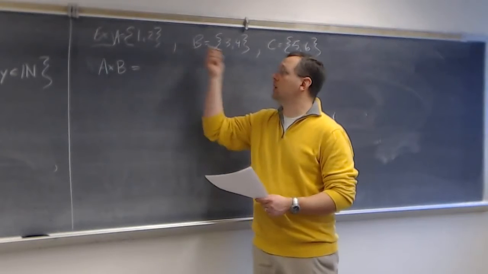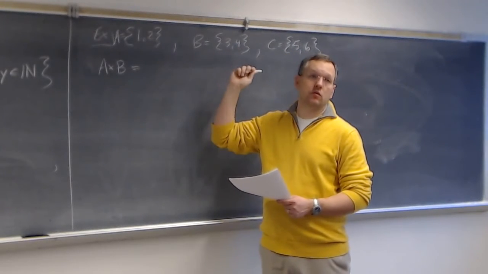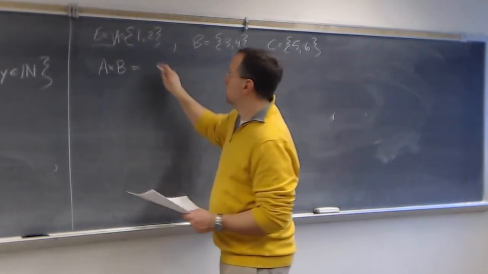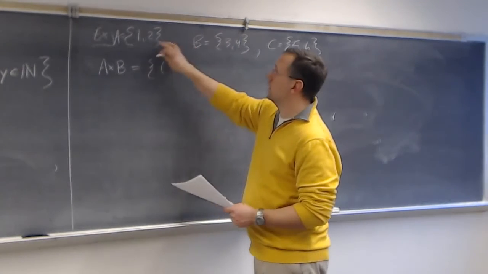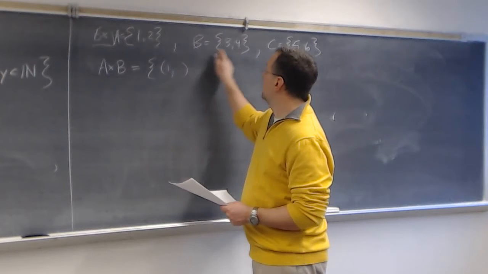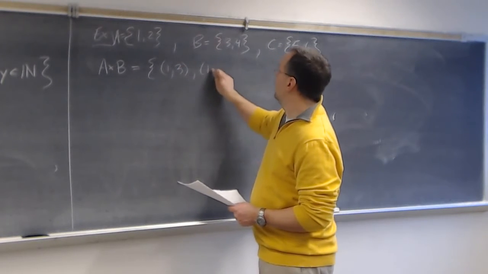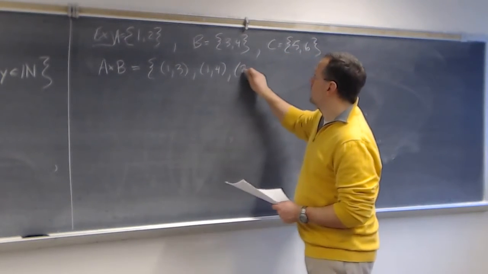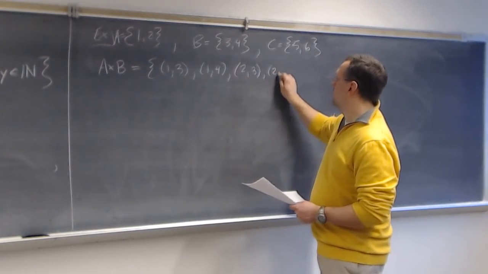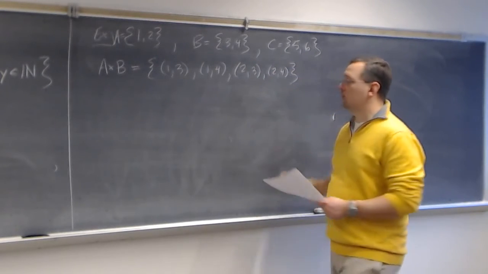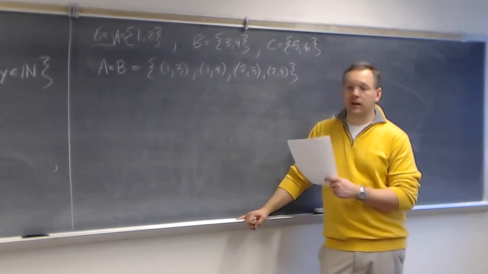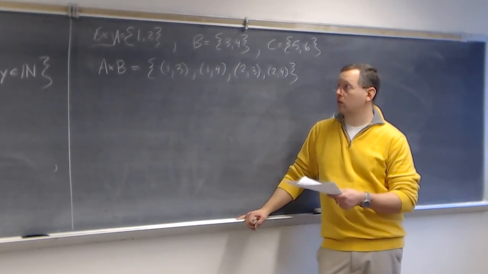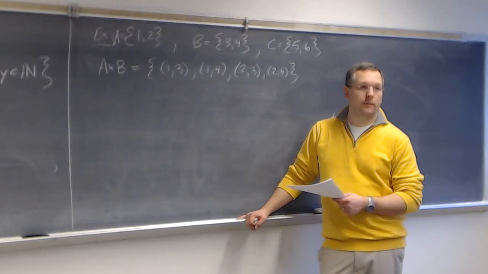There's 2 elements of A, 2 elements of B, so 2 times 2. I'm going to start systematically: (1, 3), (1, 4), (2, 3), (2, 4). There's the whole set A cross B: all possible points where the first coordinate is from A and the second coordinate is from B.